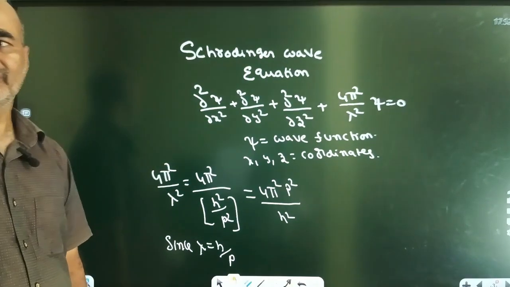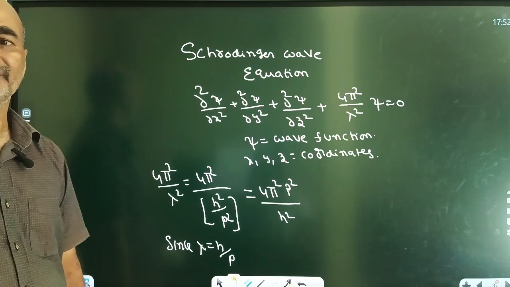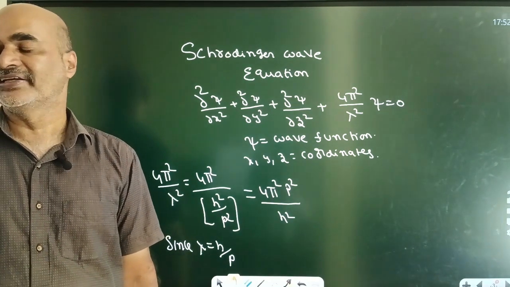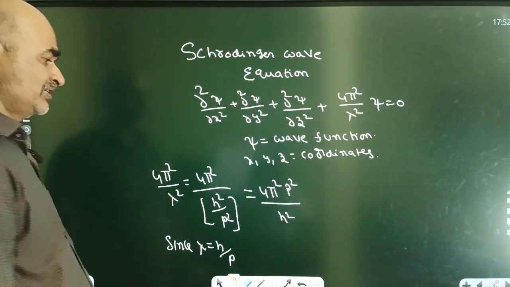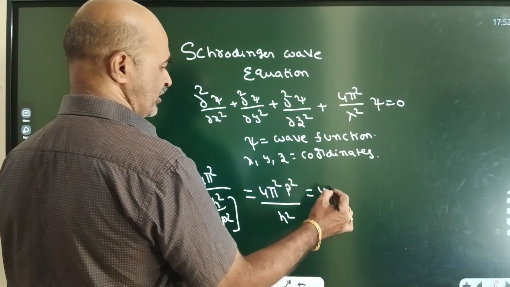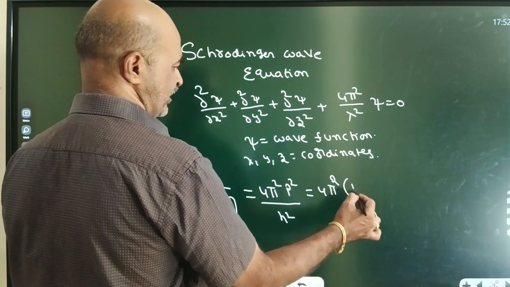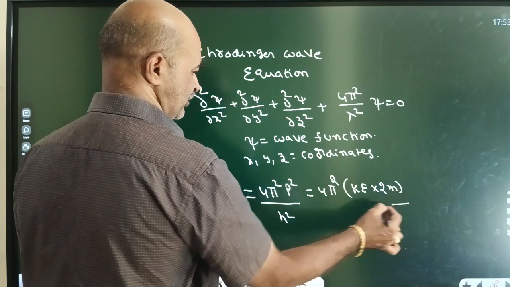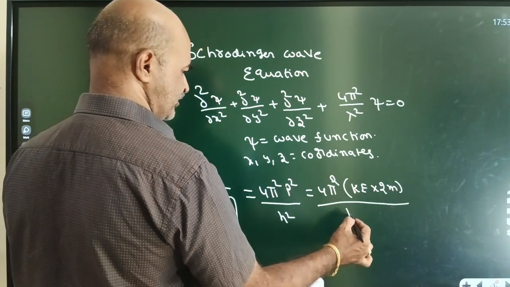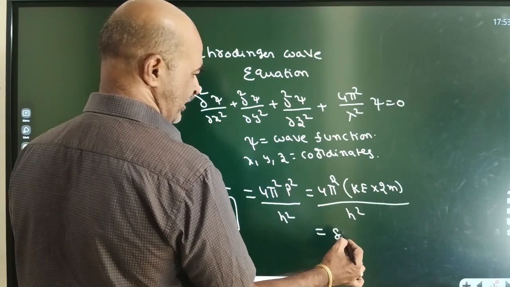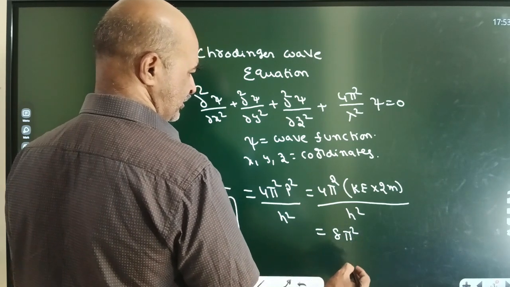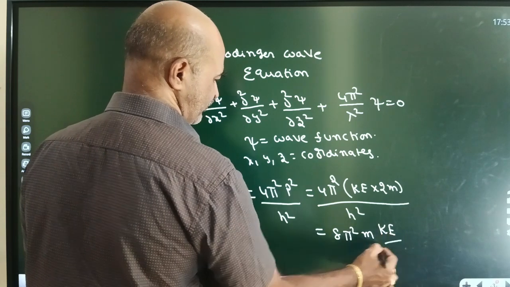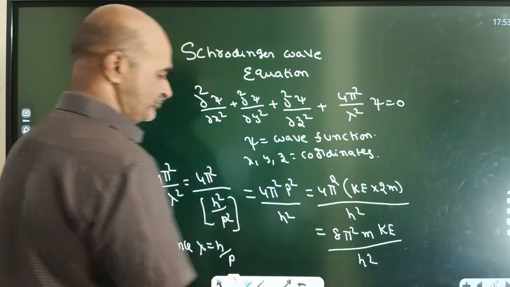But p square is equal to kinetic energy into 2 into mass, as I told you yesterday. Therefore, 4 pi square p square is 4 pi square into kinetic energy into 2 into m divided by h square, that is equal to 8 pi square m kinetic energy divided by h square.